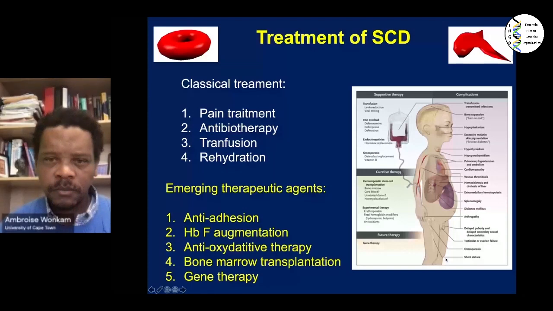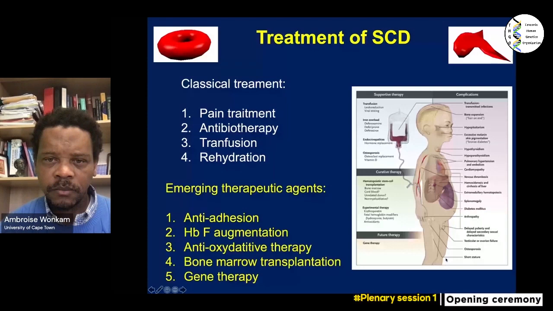These are based on anti-adhesion, augmentation of fetal hemoglobin, for example using hydroxyurea, and on bone marrow transplantation, which is available in only a few African countries, actually Nigeria and South Africa, and is being developed at the moment in Tanzania. And gene editing and gene therapy have increasingly become maybe the future of sickle cell disease cure.